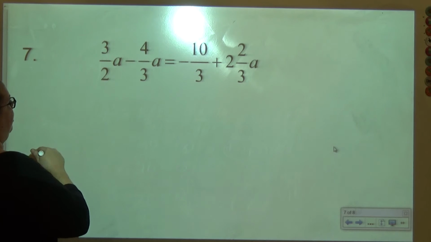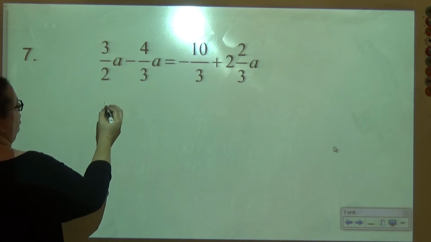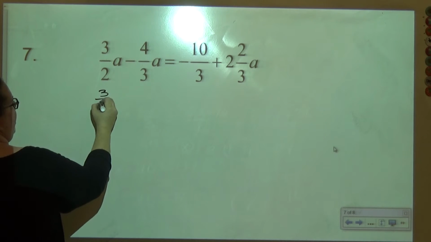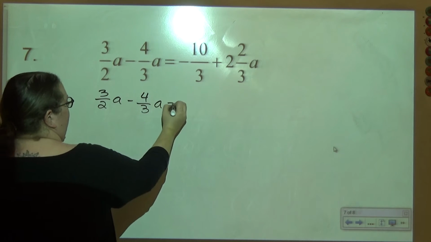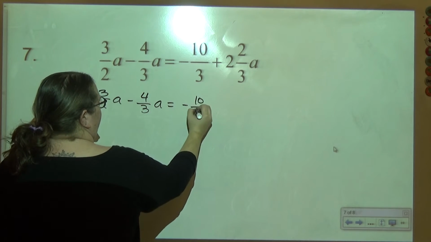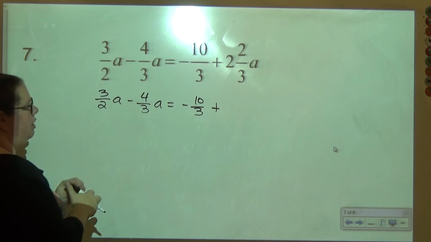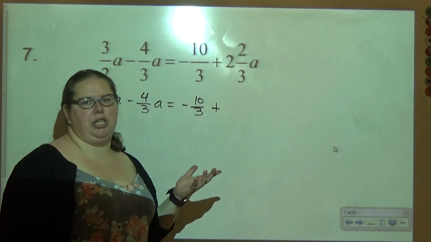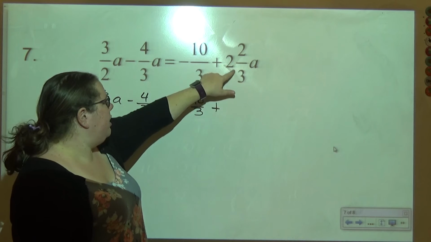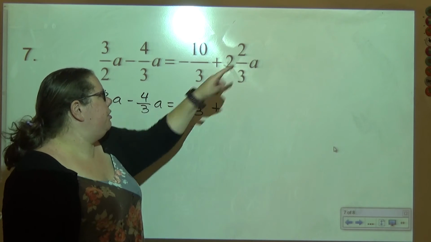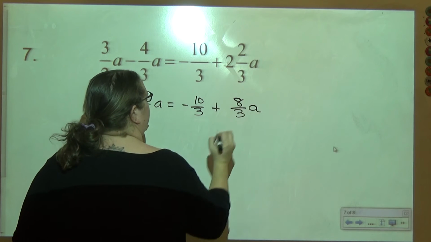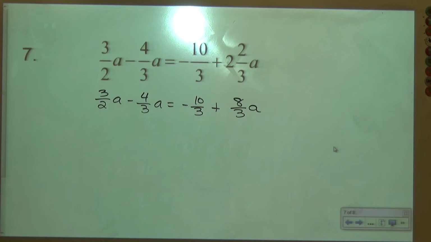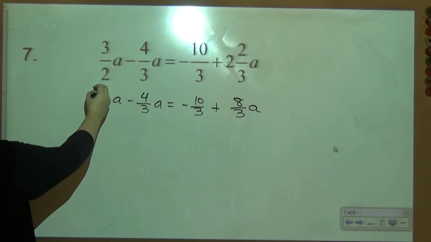So this is fine, 3 over 2a. So we have 3 over 2a minus 4 over 3a equals negative 10 over 3 plus. So remember, to turn a mixed number into a fraction, we multiply and add. So that's 6 plus 2 is 8. 8 over 3a. Alright, now that we did that, we can multiply by our common denominator.